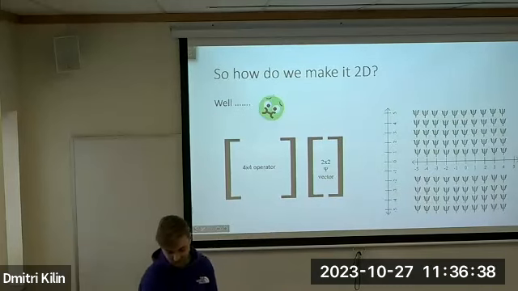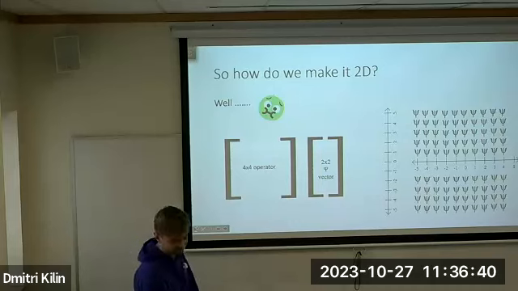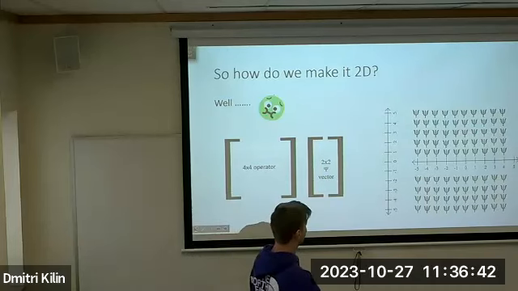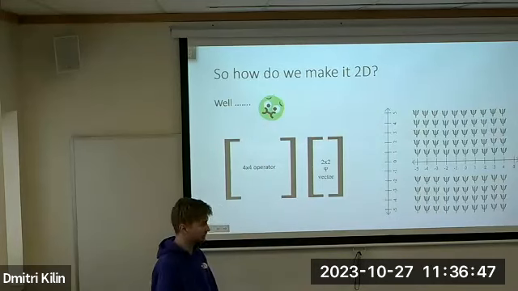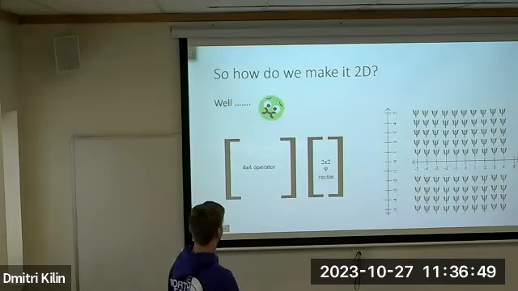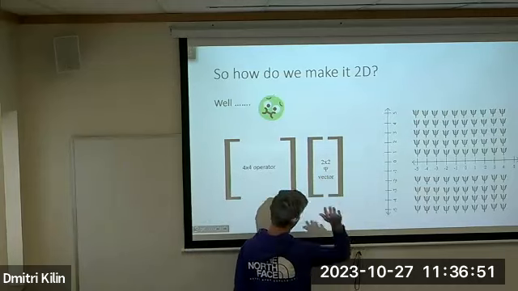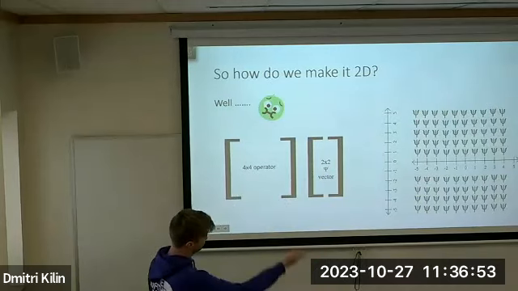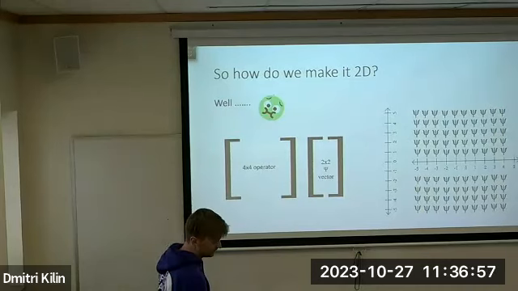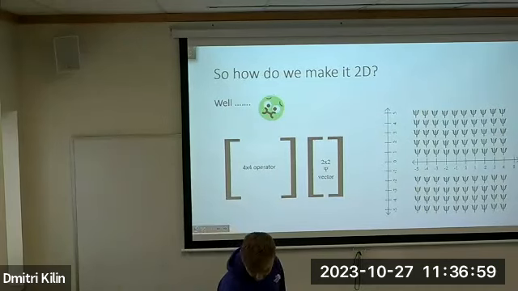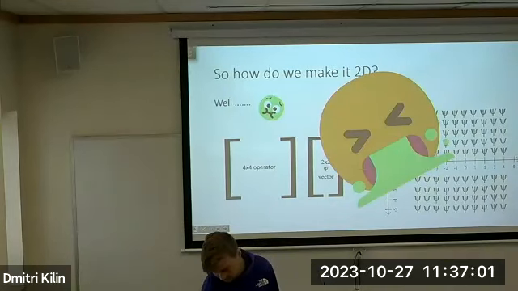So how do we make it 2D? Same thing, but a little bit different because we have a whole table of psi values now. And again, this should be a 4D operator and a 2D vector, since we have a two-dimensional table. That's how you can see it. And that's kind of gross, so we're not going to do that.